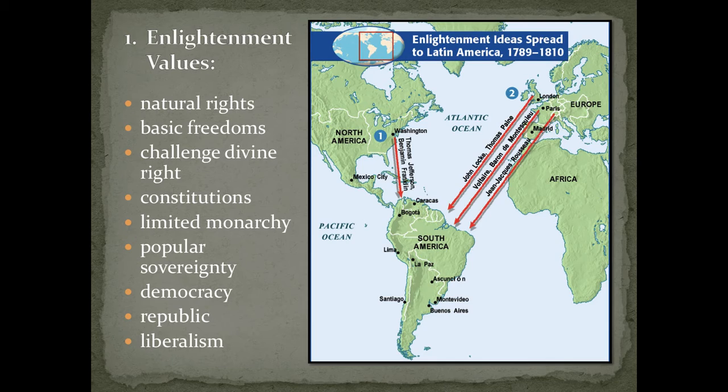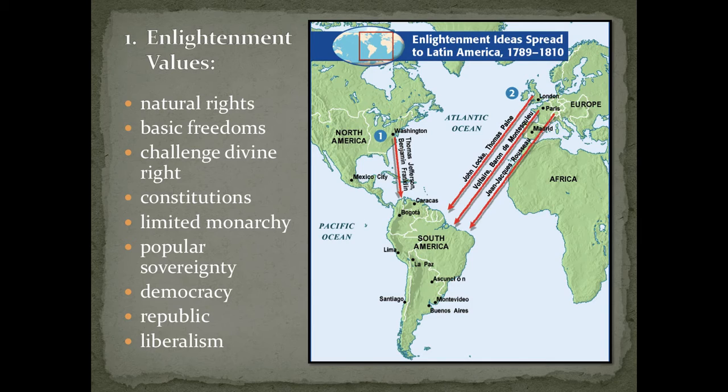So the type of people that would be most open to these Enlightenment values would not be so much Peninsulars, since they are from Spain and want to maintain their elite status and being tied to Spain, but more so Creoles. They're the ones who are going to have the education, the literacy to be able to gain a hold of these ideas straight from the source, although those Enlightenment values will trickle down to the other lower castes too, even if they're illiterate.